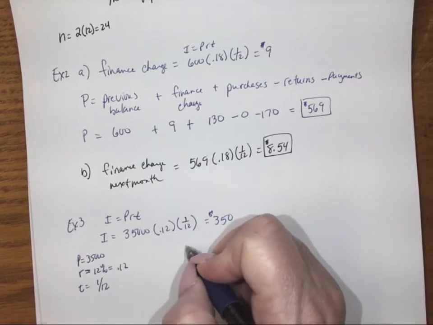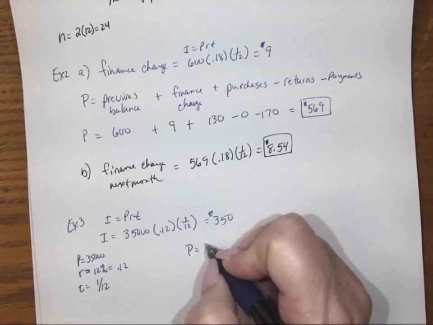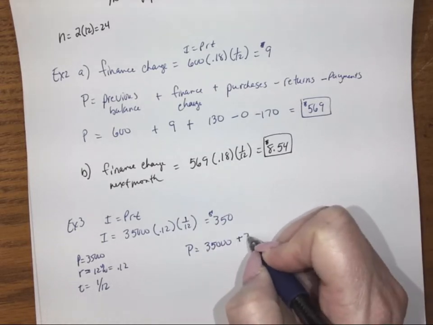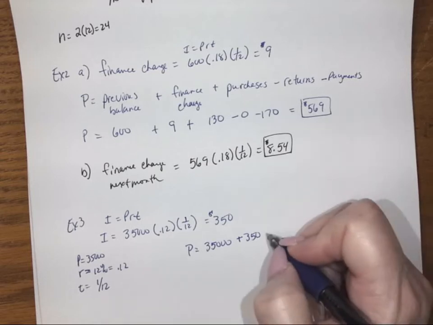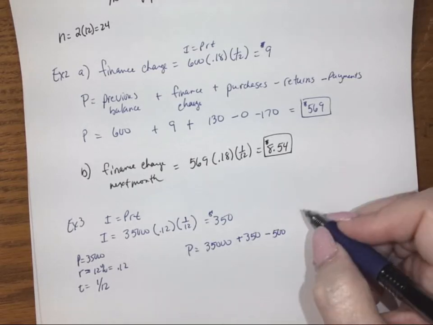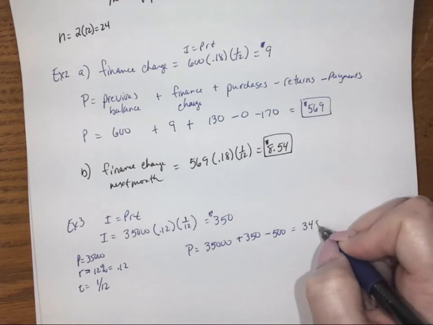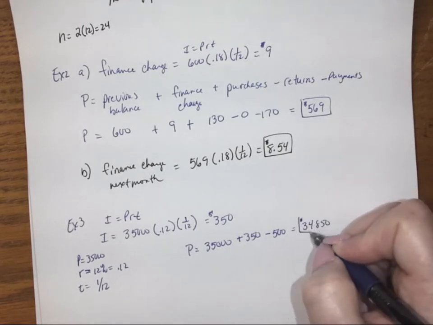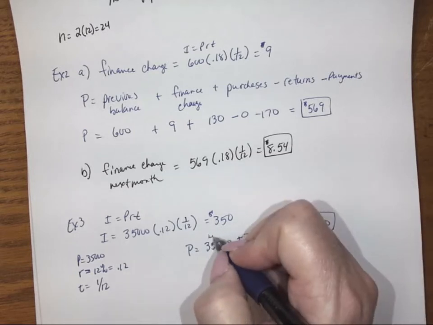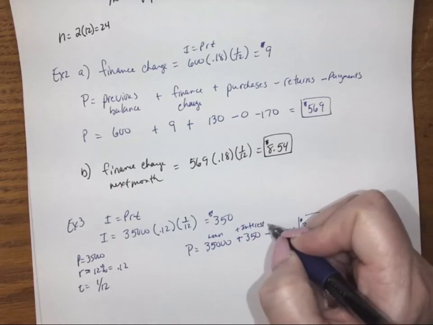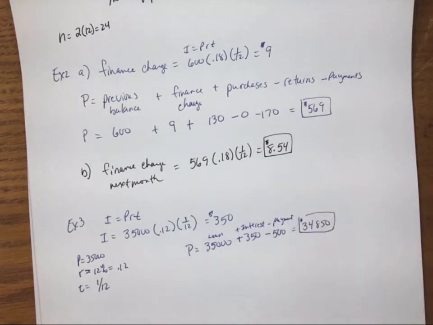So the amount on the loan, P, will be the initial amount of the loan, plus the interest we earned, minus our $500 that we paid in, which will end up being $34,850. So this is the loan plus the interest minus the payment.